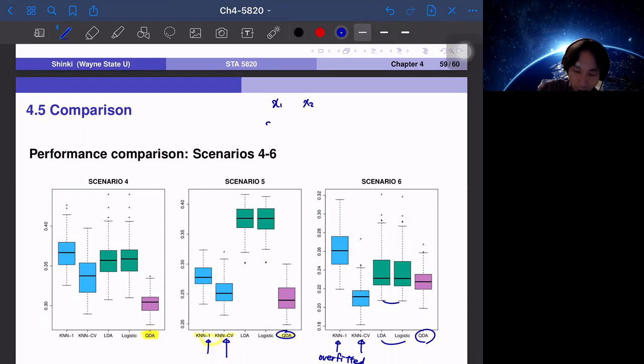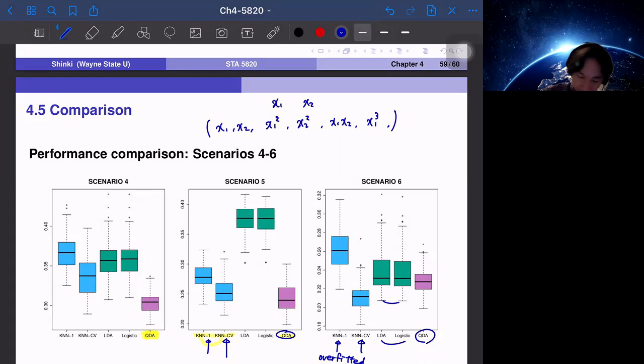For example, we can include X1 square, X2 square, X1 X2, or even higher order terms, or any transformation of X1 and X2. If we include those variables, then even linear logistic regression or LDA can still create a more comprehensive rule.